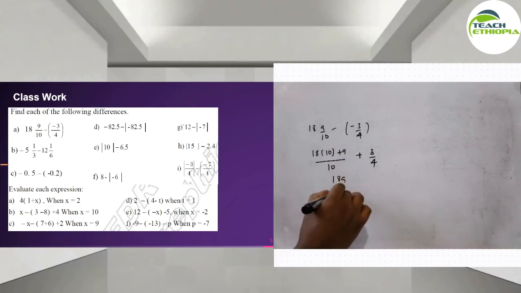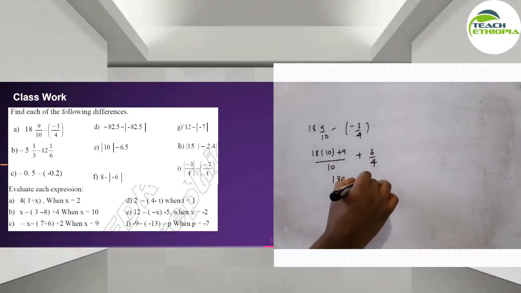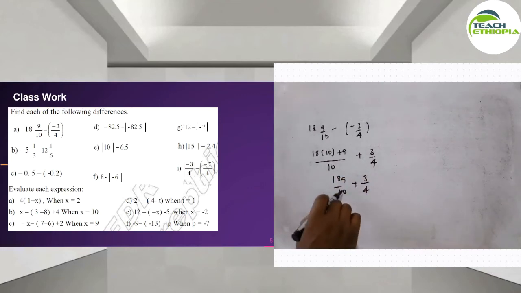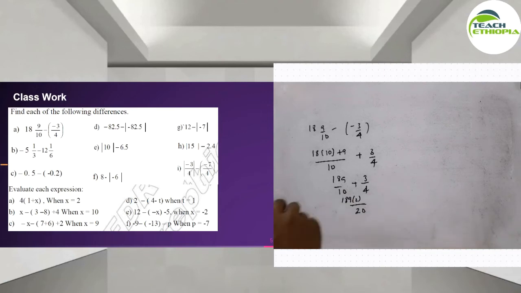189 over 10 plus 3 over 4. So LCM, 10 and 4 meet at 20. 20 divided by 10 going to be 2, times of 189. 20 divided by 4 it's going to be 5, times 3 it's going to be 15.